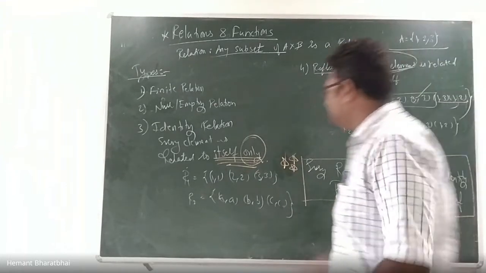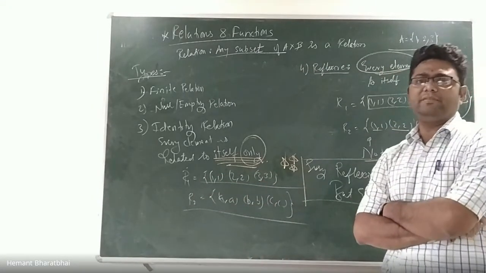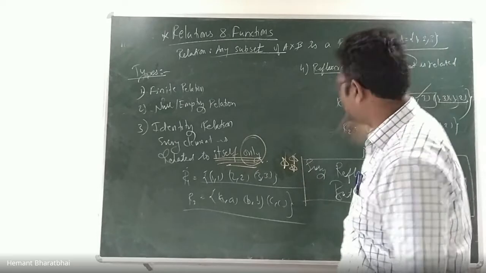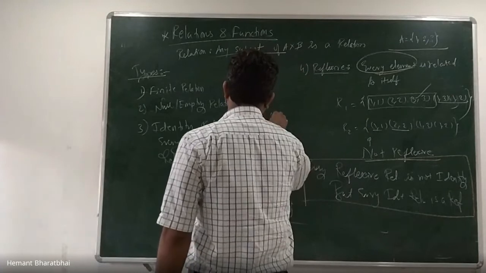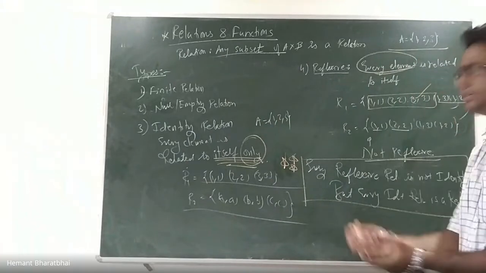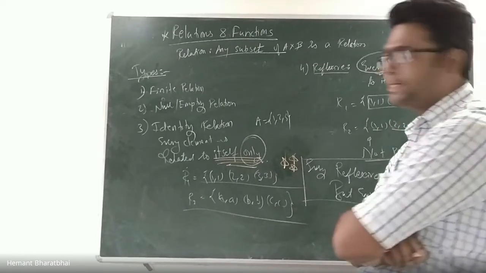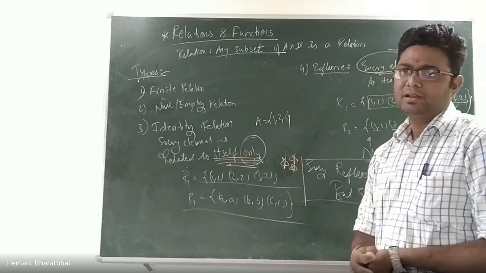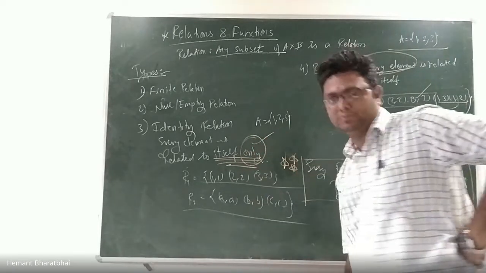See, I can say this is also reflexive, because by definition it says that every element should have a relation with itself. It is not using the word "only." It is just saying every element should have a relation with itself. So, when I wrote the relation, I am taking the set in my mind as 1, 2, and 3, and then I have written a relation. When I say every element should be related to itself, I should have 1,1, 2,2 and 3,3, and others will also be welcome. Here others will not be welcome because of this word "only."